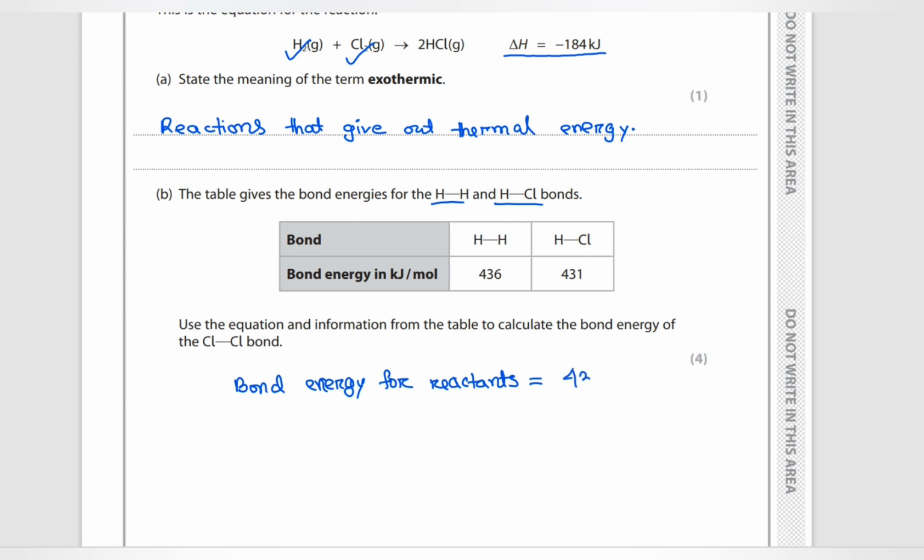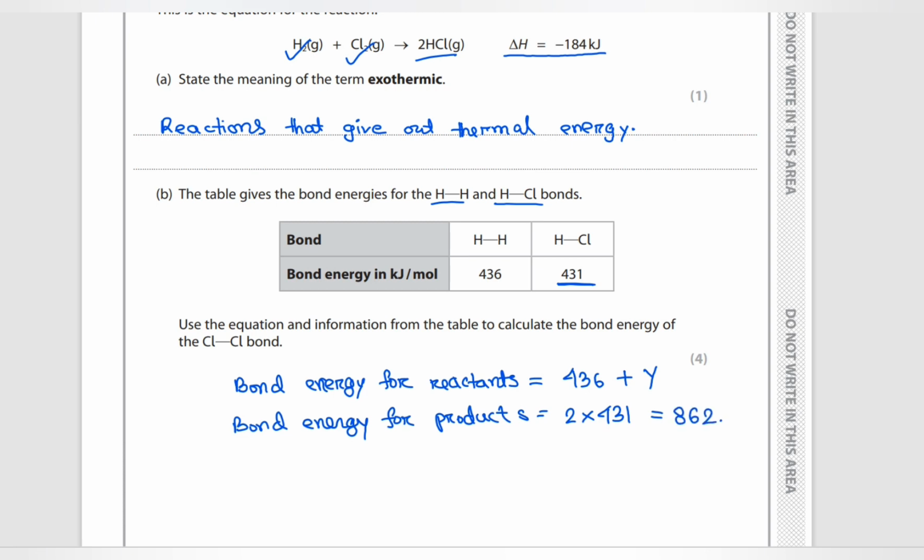H2 is 436, but Cl2 is not known, so let me write it as Y. And bond energy for products is HCl, but this is twice HCl and the table gives 1 HCl, so it will be 2 times 431, which is basically 862.